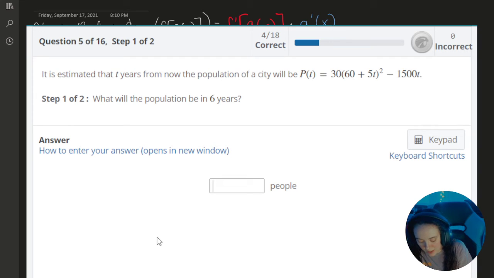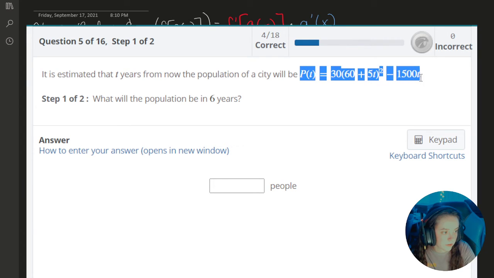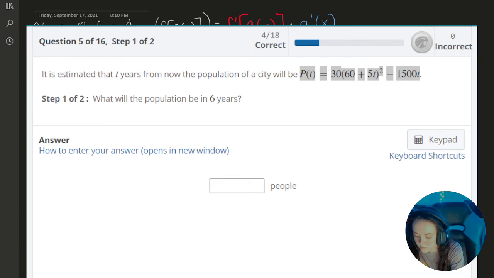I'm going to work it on a different page so that I don't mess this up for you guys. And actually, I'm going to also put it into Wolfram Alpha just to be sure. I need to find the derivative.